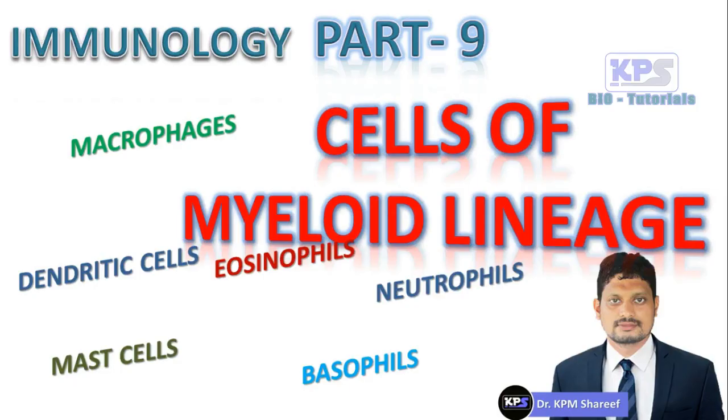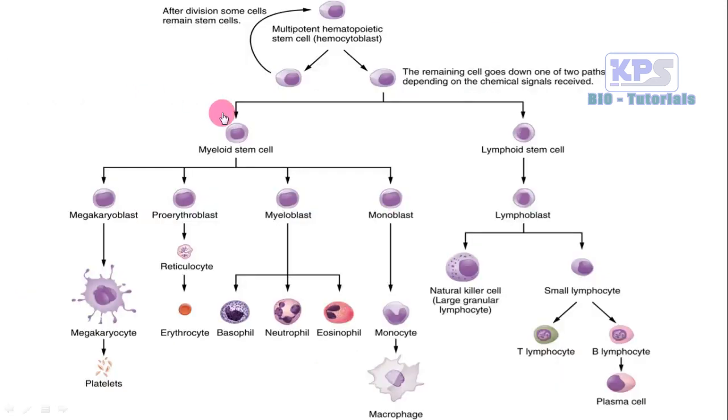Once again, welcome back to today's topic, that is cells of myeloid lineage. The cells like macrophages, dendritic cells, eosinophils, neutrophils, basophils, mast cells, etc. belong to the cells of myeloid lineage. During the hematopoiesis, from the multipotent hematopoietic stem cells or hemocytoblasts, two categories of cells were derived.